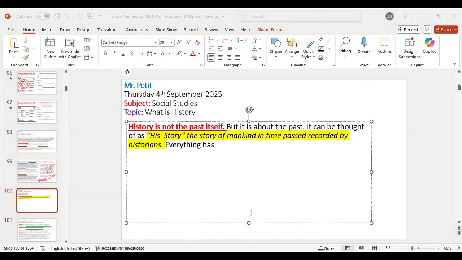Some of you were here before, some of you are new, so there's some background information. So that's why history is so broad, because it includes so many different things.